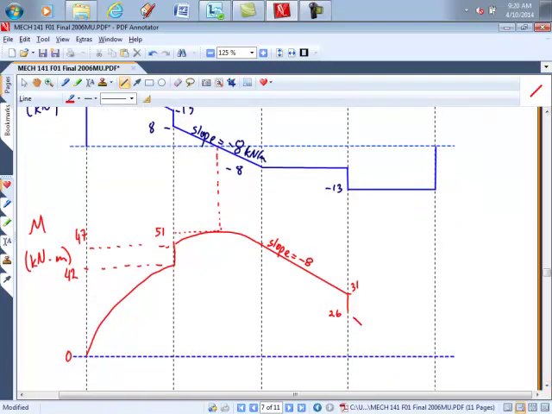And then the slope's going to become more negative. This isn't exactly to scale, but it's not bad, and I'm going to label the slope anyway. Slope equals -13. And a slope of -13 from 26 brings us back to 0, and that's our check.